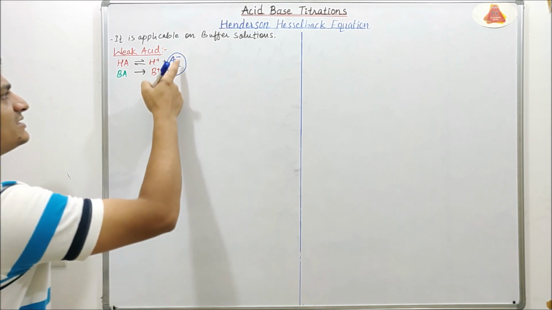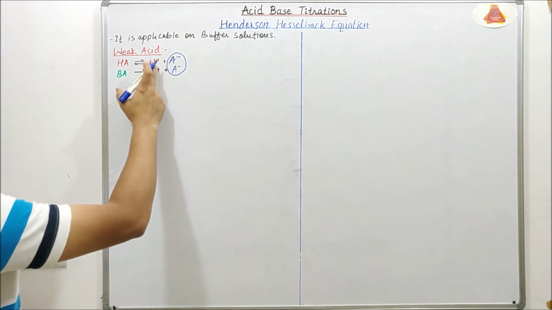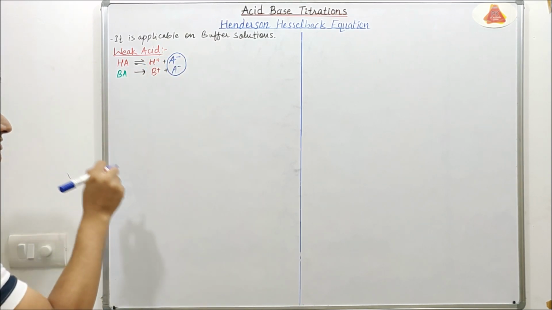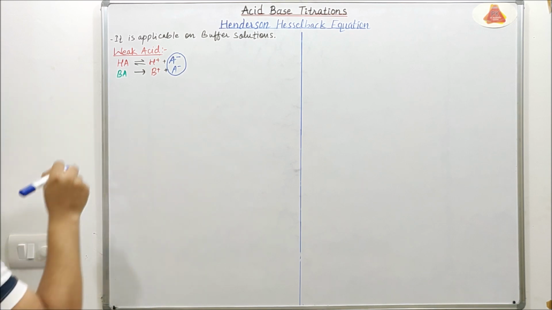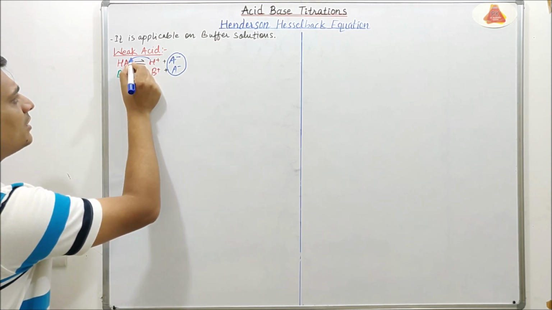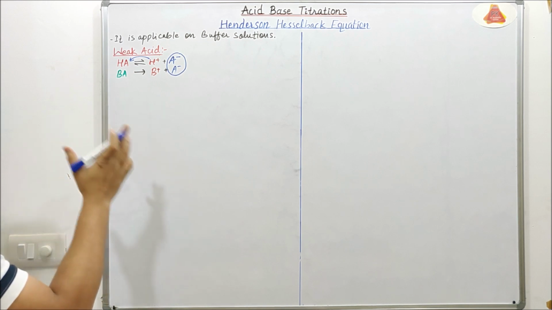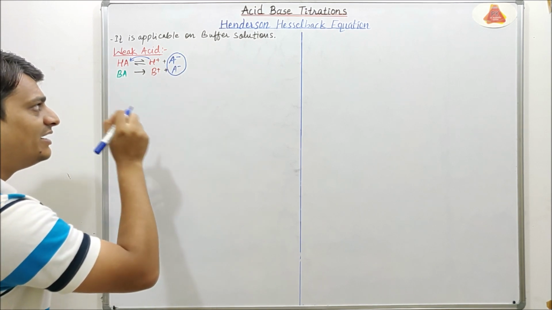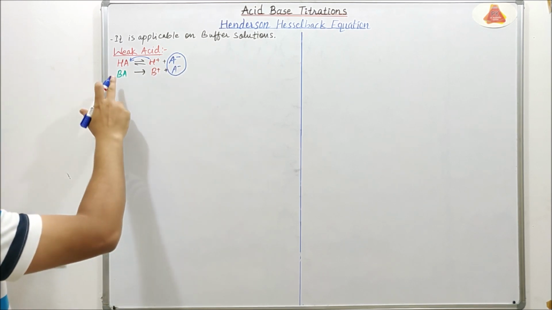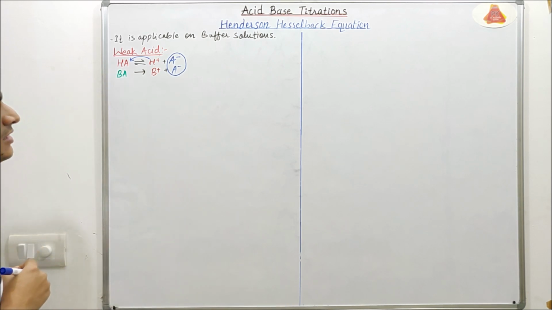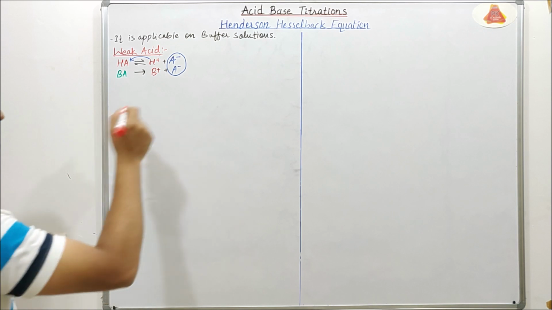Due to the presence of this common ion, the dissociation of H plus and A minus will be further decreased due to the common ion effect. So whatever A minus ion we are getting in the solution will be coming from the salt BA.